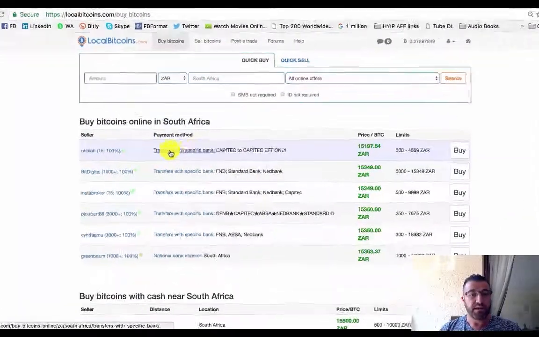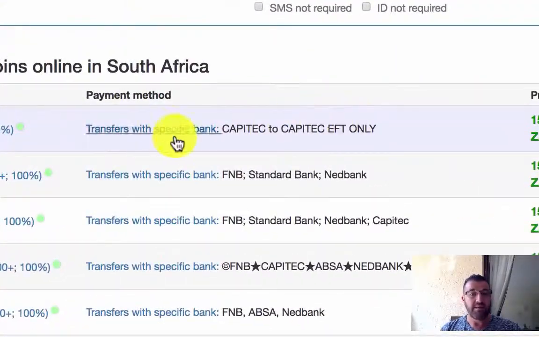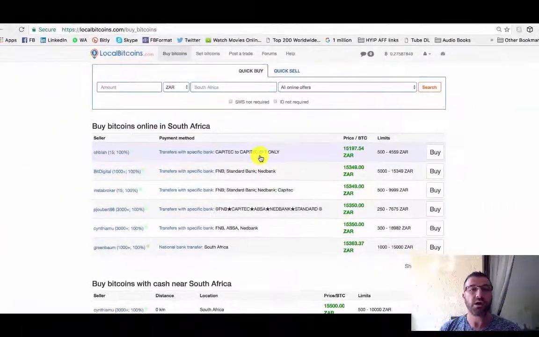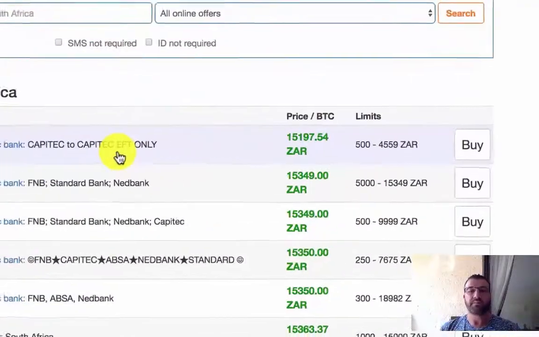Over here are the different banks that he uses. He uses Capitec only. So if you don't bank with Capitec, you will have to wait for him to receive your funds, which could take between 2 to 5 working days. Once he's received the funds, he will then release the coins. Nobody's going to release the coins to you with just a proof of payment.